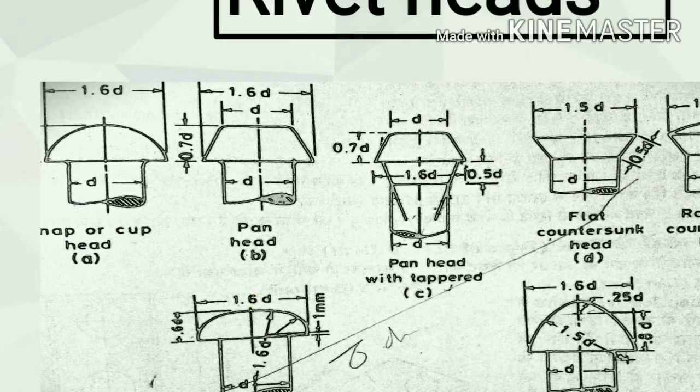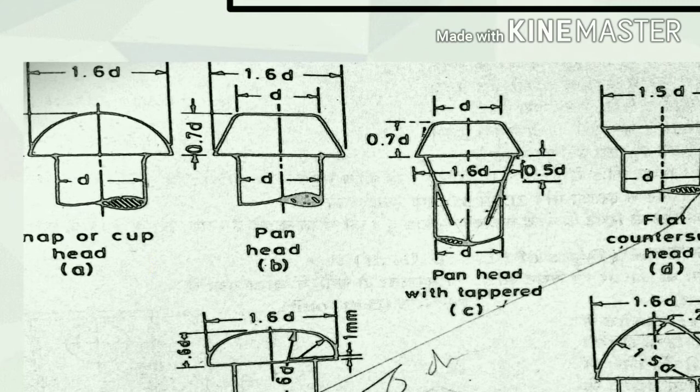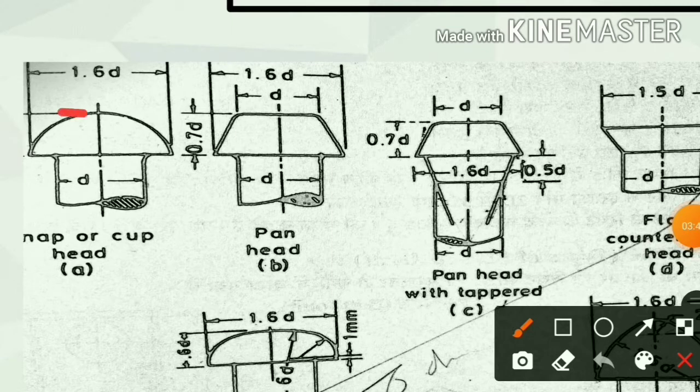See number 1, snap or cup head. Its diameter is D, the head diameter is 1.6D, and this dimension is 0.7D. Next, pan head.